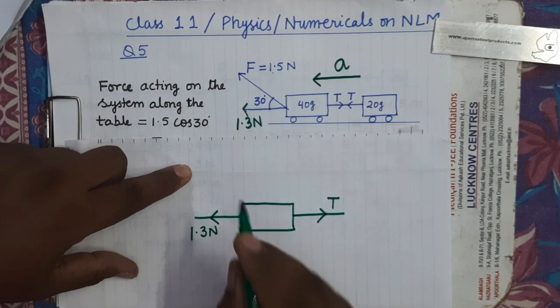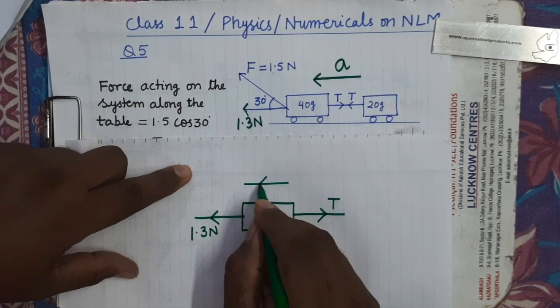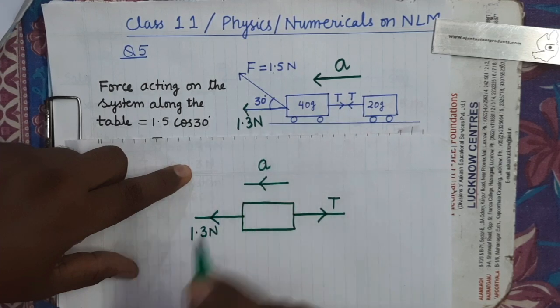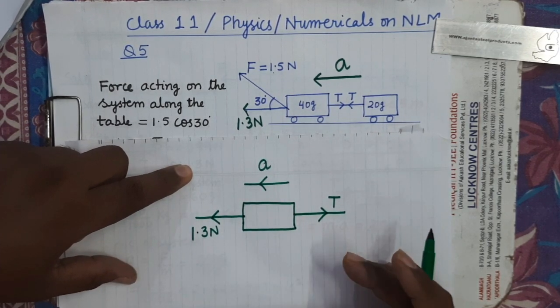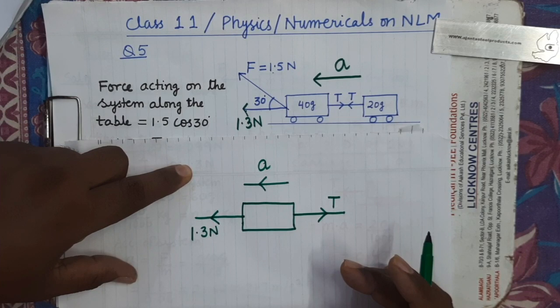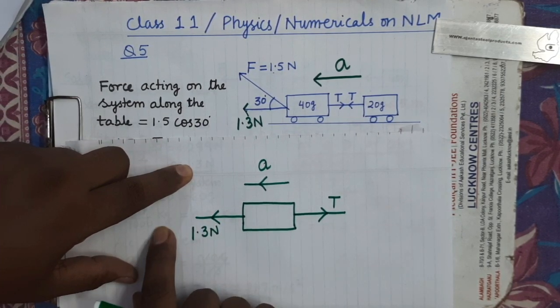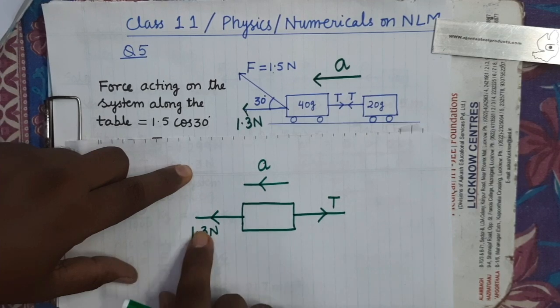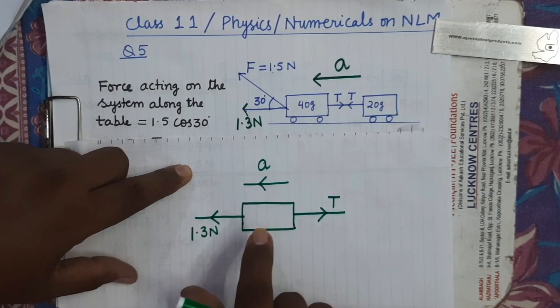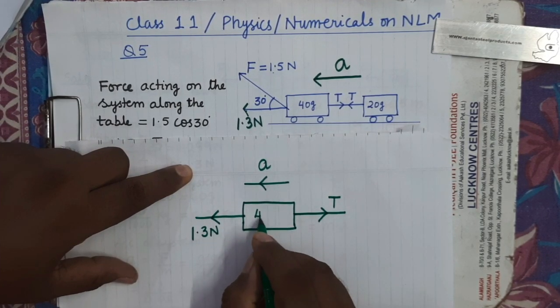It's clear. And it is going in this direction with acceleration A. So which force will be bigger? This force will be bigger because it is moving in this direction. So what will be the net force acting on this carriage, which is of 40 gram?